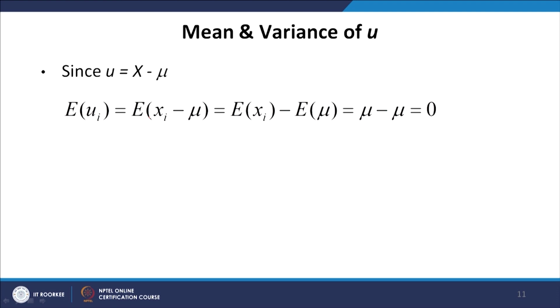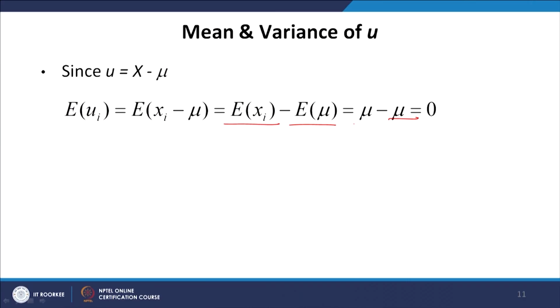So, when we break up this expression, we have the expected value of x_i minus the expected value of mu. Now, since mu is non-random, it does not have any expected value; it is a fixed number, a constant term, like 2, 3, 4, or any number like 2.53, 2.64, whatever it may be.